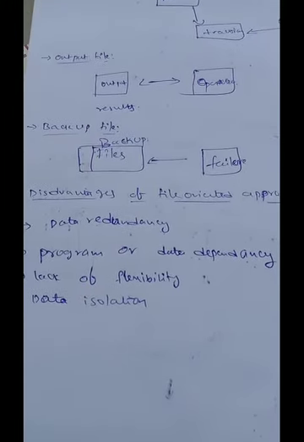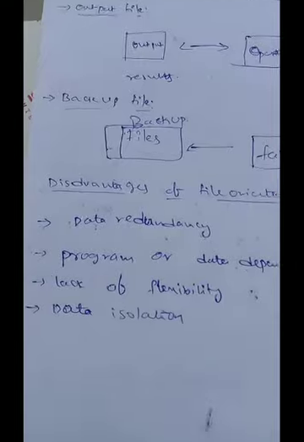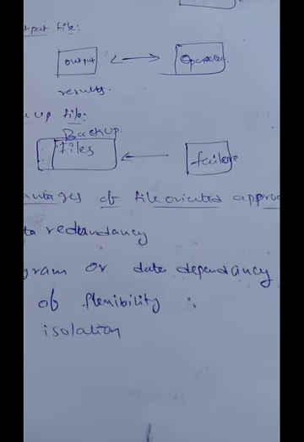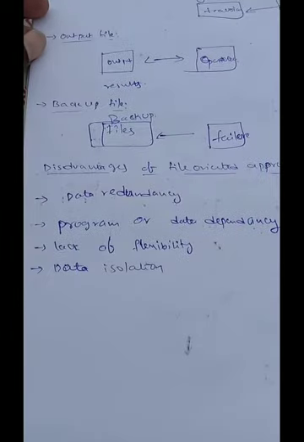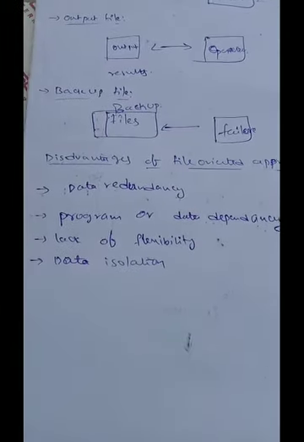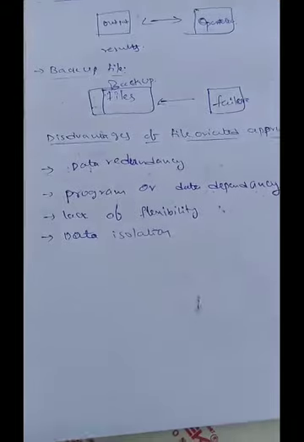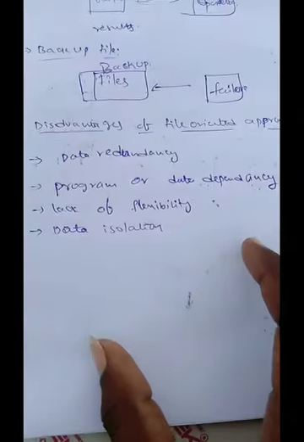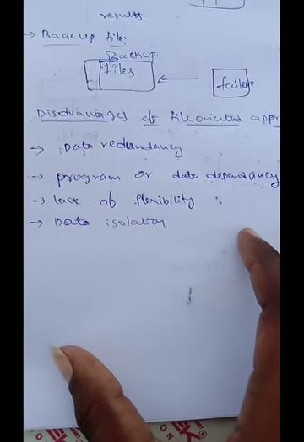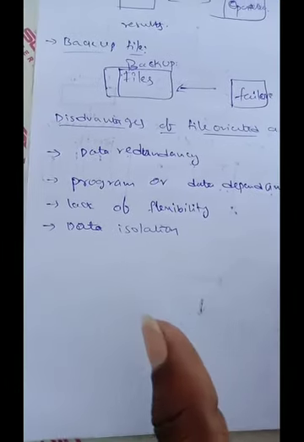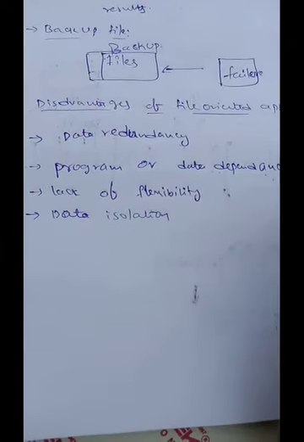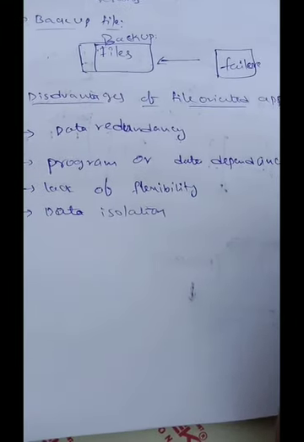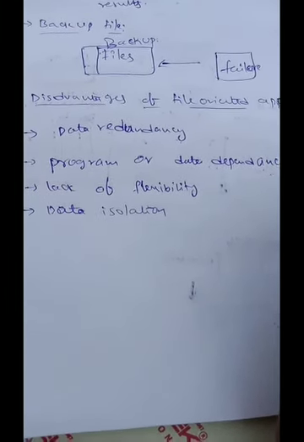Maintaining the same copy in different locations causes data redundancy, which is duplication of the data. If any changes made in one file are not reflected in the other copy of the file, it causes data inconsistency. So the data is not the same in both files in case of any changes.